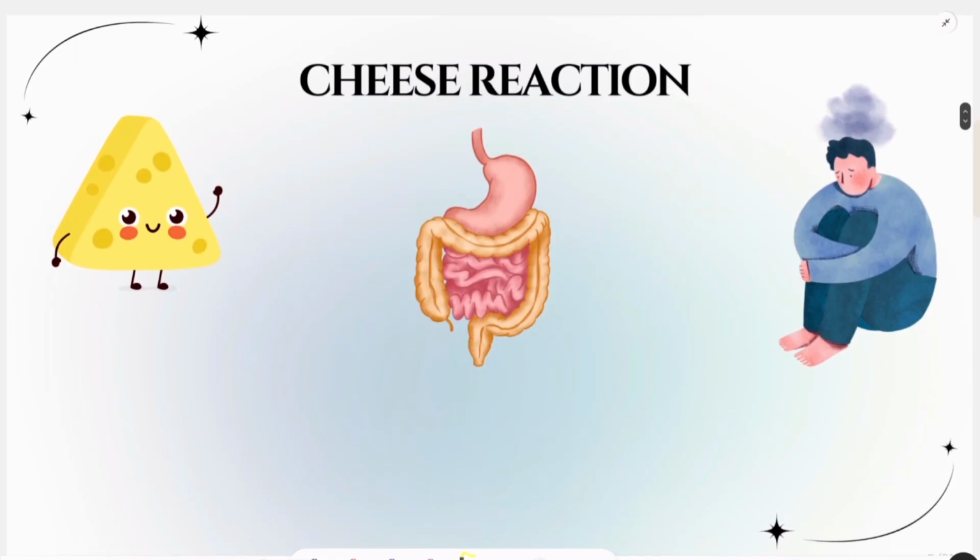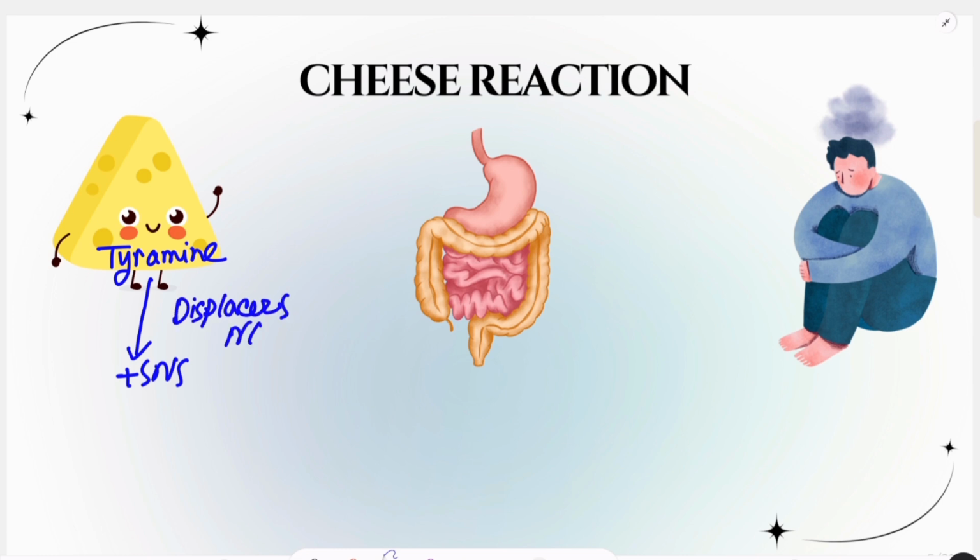First, cheese reaction. In previous video, we have said that cheese contains a large amount of tyramine, and tyramine stimulates the sympathetic nervous system in a very severe amount. This tyramine acts by displacing noradrenaline from the vesicle.